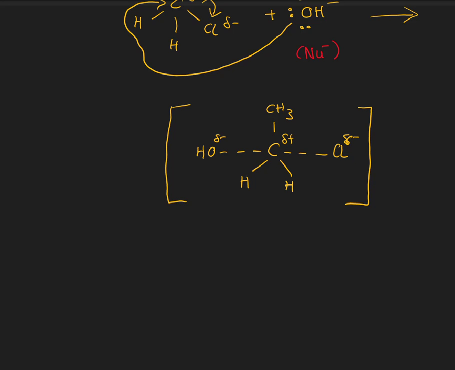And what we end up with is our product, and our product is an alcohol. We know our OH went on the opposite side, and we know those hydrogens didn't leave. So what we have here is ethanol. Our longest carbon chain is 1 carbon, 2 carbons, so we know that's eth, and we know the functional group we have here is an alcohol, so it's ethanol.